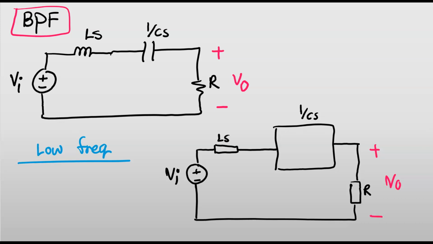Because the impedance of the capacitor is approaching infinity, most of this voltage will be the portion for the capacitor, and a very negligible value of the input voltage reaches the resistor. So VO in this scenario will approach 0, because the impedance of the resistor compared to the capacitor is very small.